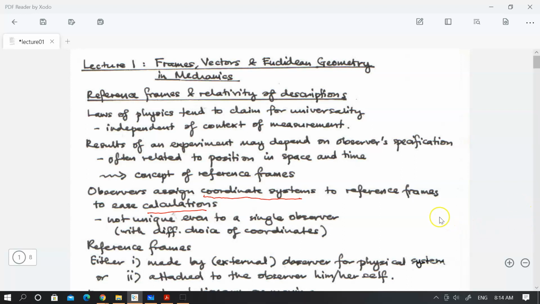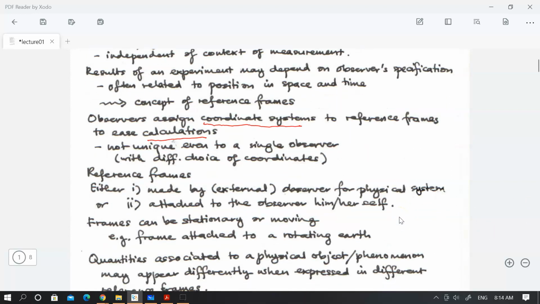So the reference frames themselves are usually made by, normally when we do the observation, sometimes the observation is for a particular physical system, and we consider ourselves observing that physical system external to the system. But where we actually observe it will depend on the reference frame.